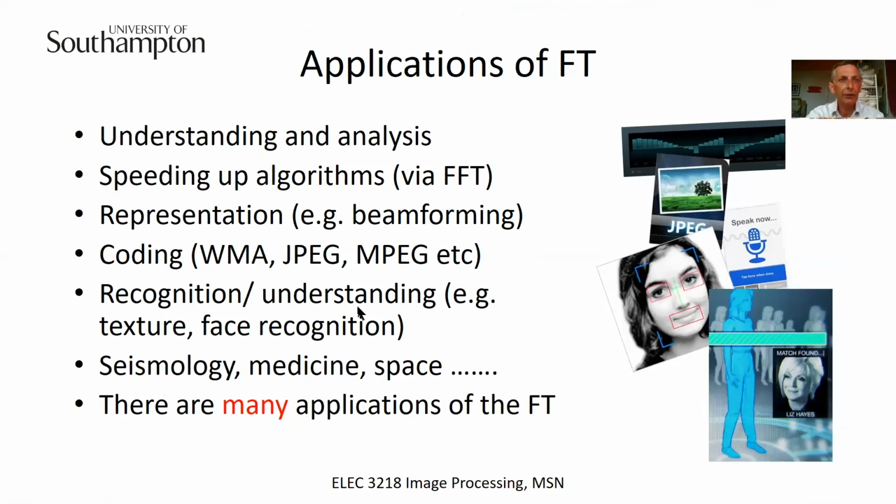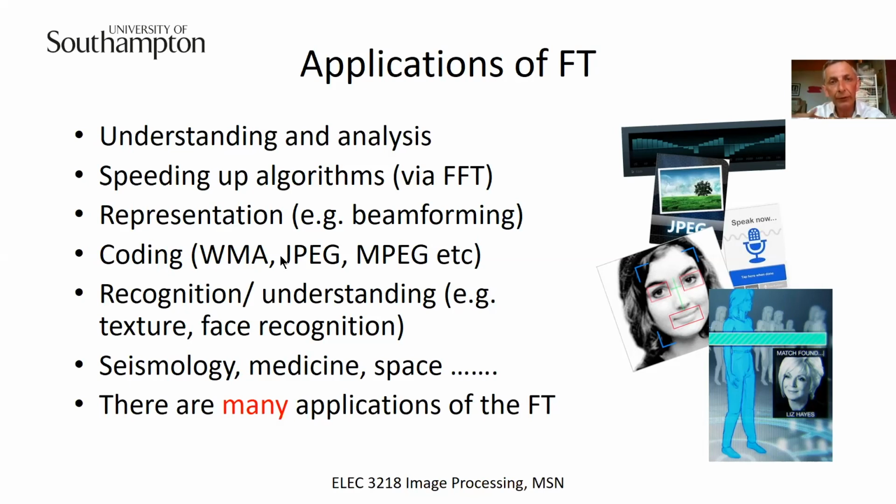What are the applications of the Fourier transform? Well, we use it in science for understanding and analysis. We can analyze the signals, we can understand what makes them up. We can do it optically, we can do it using computers, there's lots of ways to do it. They decompose the signals, and they split those signals up into the underlying sine waves, cosine waves.